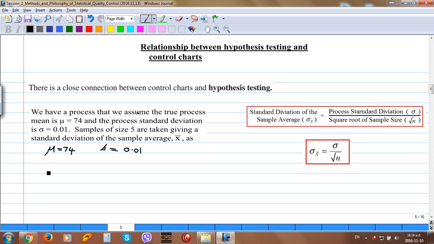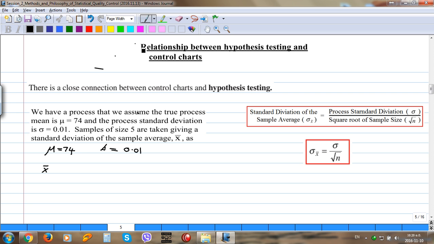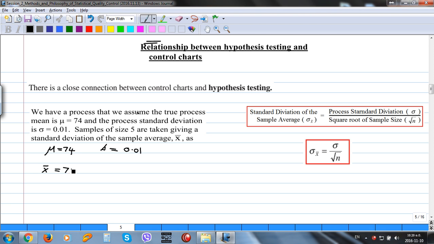From earlier statistics courses, the population mean is closely equal to the sample mean, so we can write x bar is also 74, but the population standard deviation can vary.